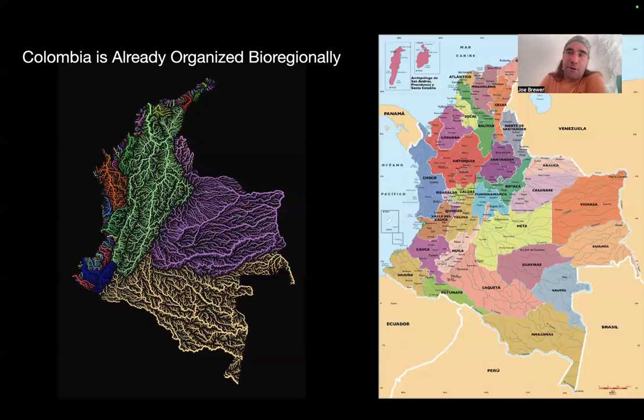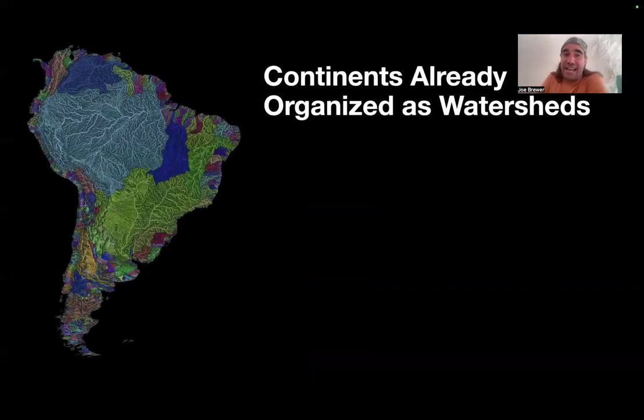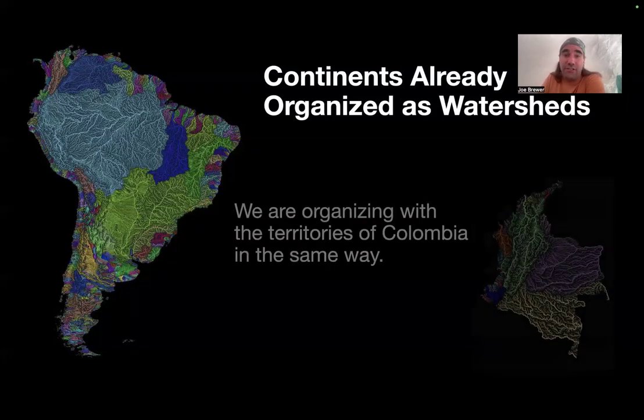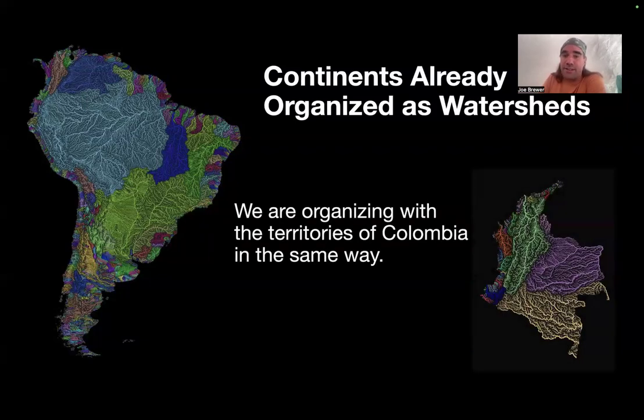And so the departments are almost bioregional because they're almost completely watershed structures or mountain range structures. So the idea is that the continent is already divided into watersheds, and Colombia's organizing structures are largely organized around watersheds. So we're organizing with the territories of Colombia in the same way. That's the idea. Pretty simple, right?